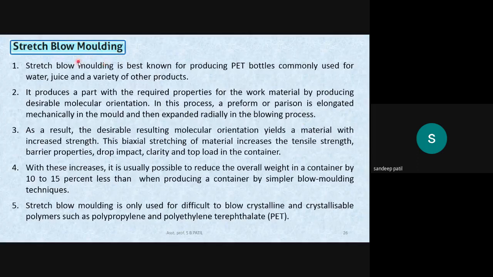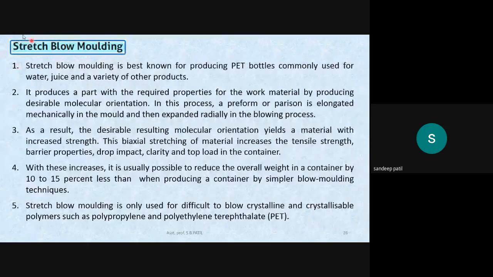As the name suggests, that is the stretching. Stretching is done mechanically in the mold to the preform, and then it is passed to the blow molding process. As a result, the desirable molecular orientation yields a material with increased strength. So why is stretching required here?